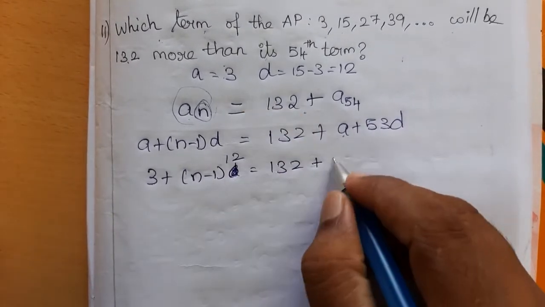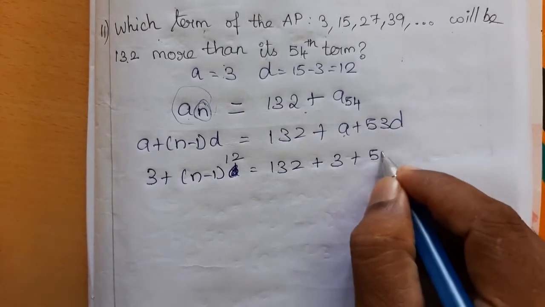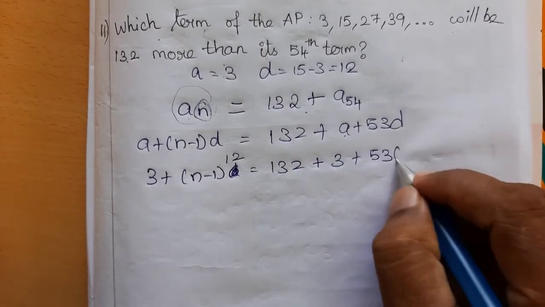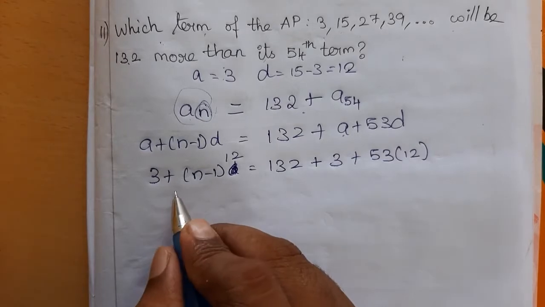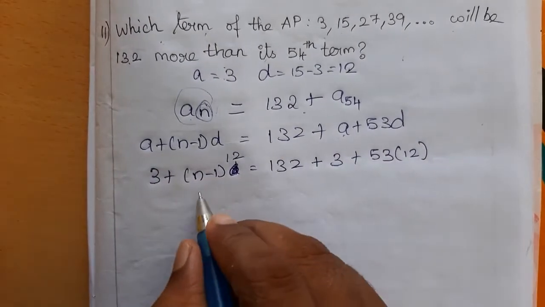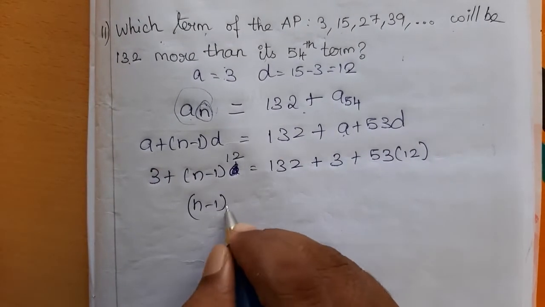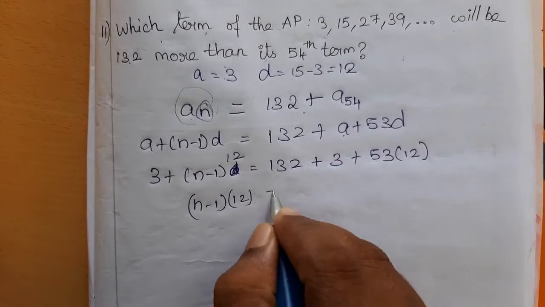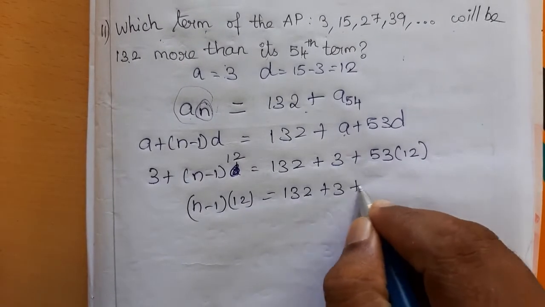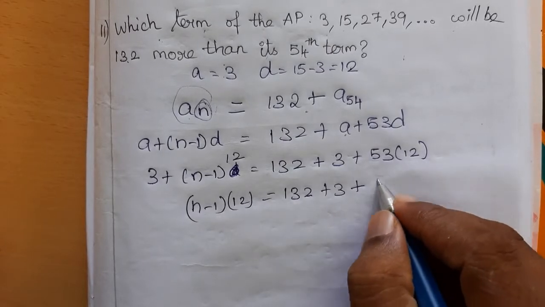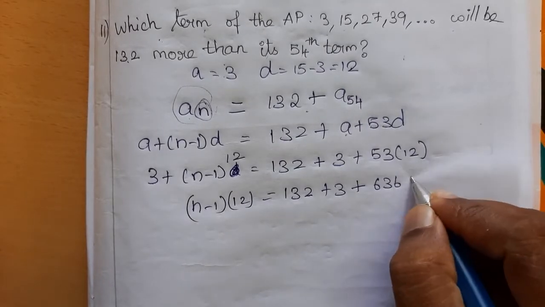a is a 3 plus 53 into 12, right? So just to bring 3 this side, it will be subtraction. n minus 1 into 12 is equal to 132 plus 3 plus 53 into 12, which is 636, minus 3.